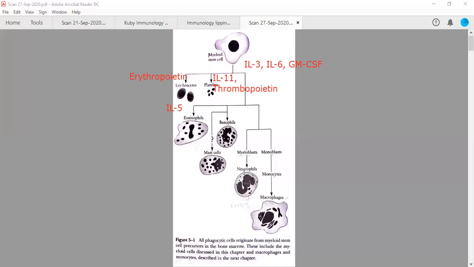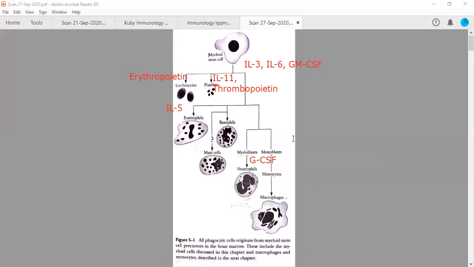If there is a neutrophil, for example, here, so there should be granulocyte CSF. So now you need to understand this. There are two versions of this.